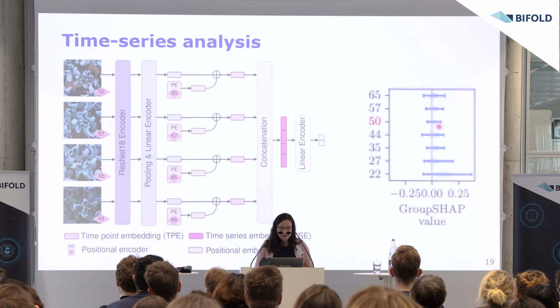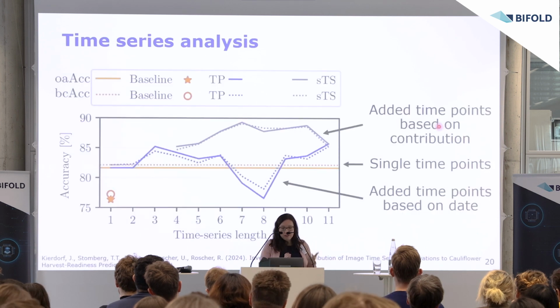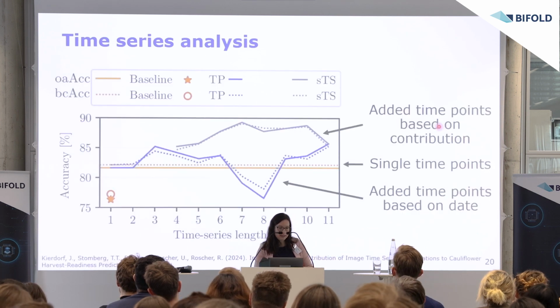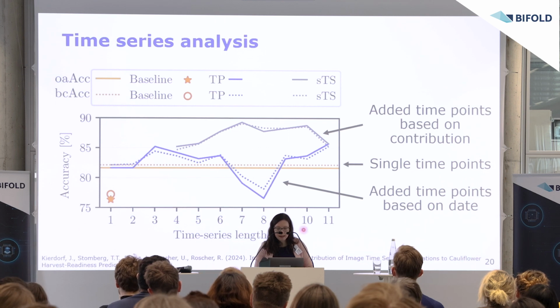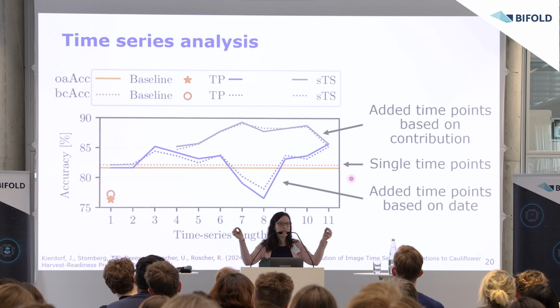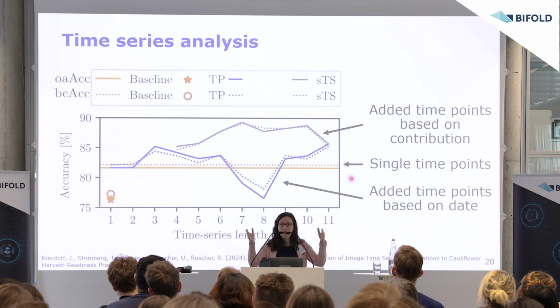And we compared it. And these are the results we obtained. What you can see is the overall accuracy and the balanced class accuracy on this axis, and the time series length. Yellow is just a reference. When you take just a single point in time, this is what I showed you in the very beginning, when you only have one single image.